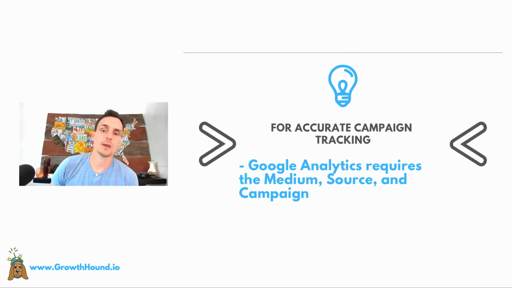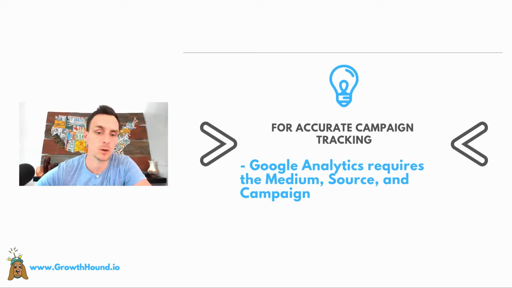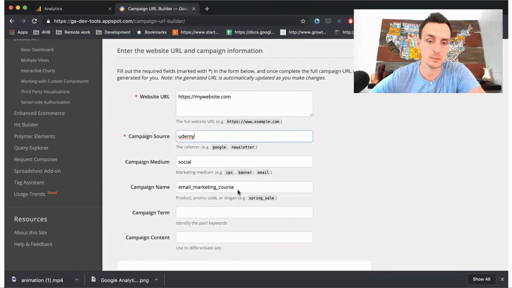For accurate campaign tracking, Google Analytics really requires three things: a source, a medium, and a campaign name. You can do these other ones, but the required ones for accurate campaign tracking, the ones that will be most important and crucial for analysis in Google Analytics, are going to be these three.